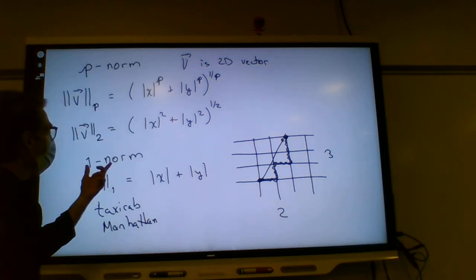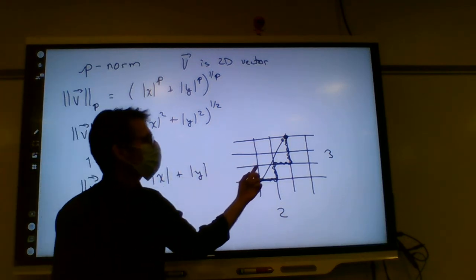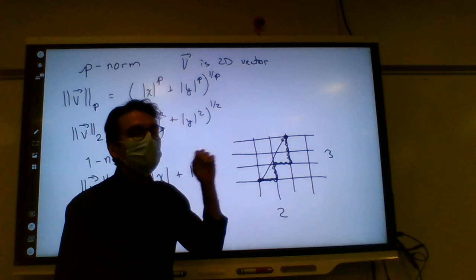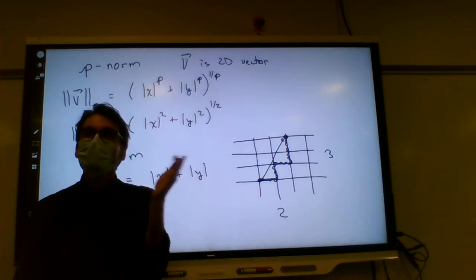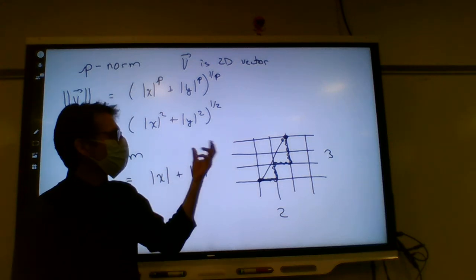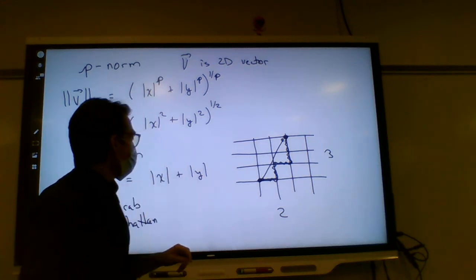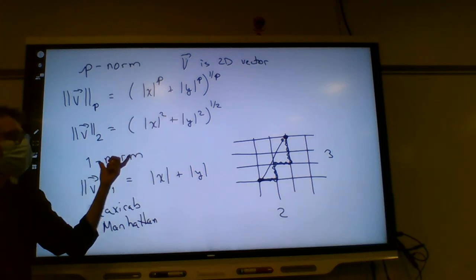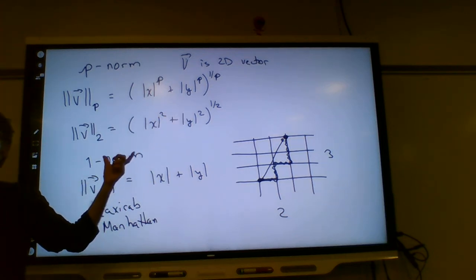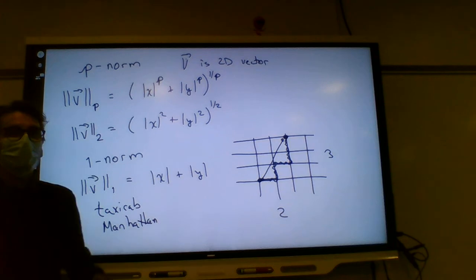And so the one norm corresponds to this kind of distance, which at times is the right way to measure distance. If you have to stay on the grid, that's how you measure distance. And so if we have to do that, then instead of this being our distance, this would be an appropriate, reasonable distance.